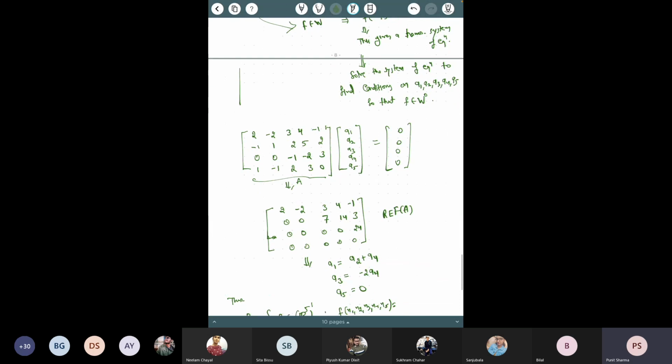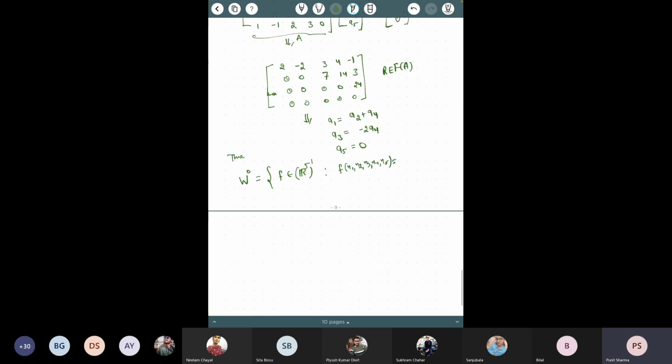So I'll write this condition: a1 is a2 plus a4, so (a2 + a4) x1 plus a2 x2, a3 is minus 2a4, so minus 2a4 x3, plus a4 x4. a5 is 0, so we don't have to write x5. And these a2 and a4 are free, they are scalars belonging to R.